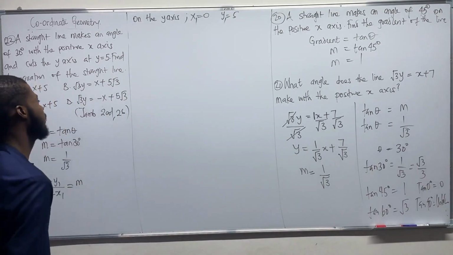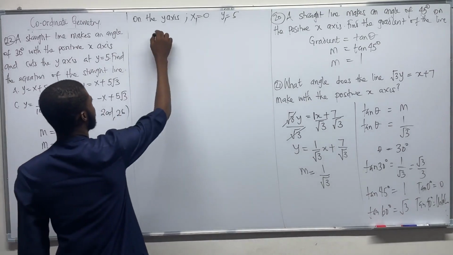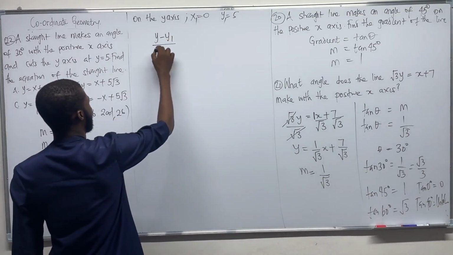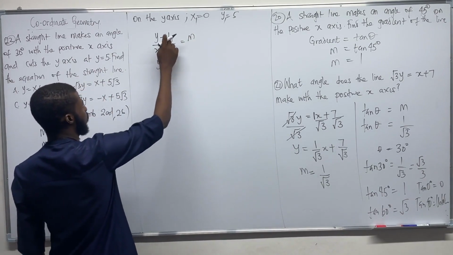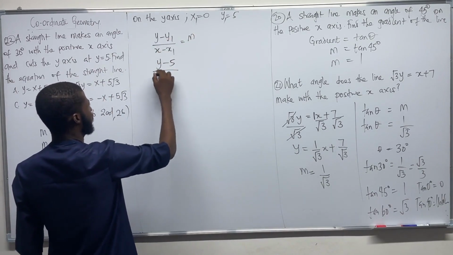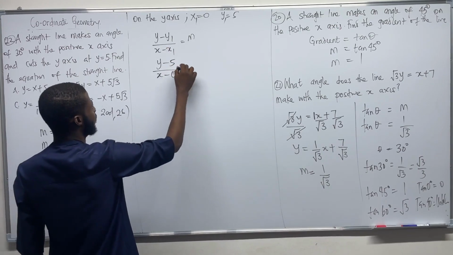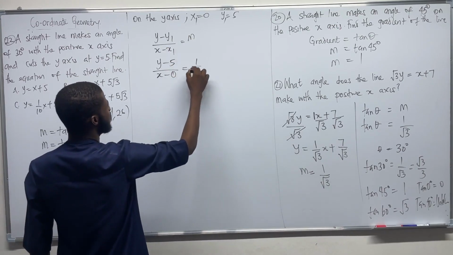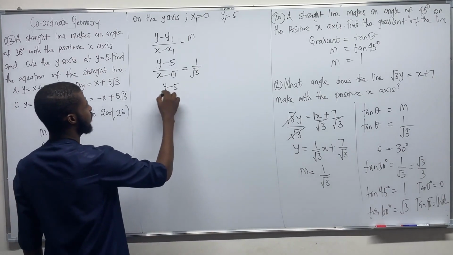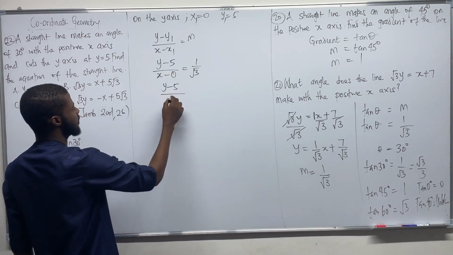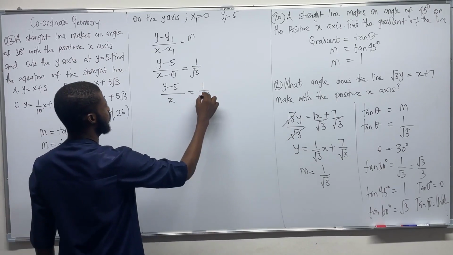So now let us use our equation, y minus y1 over x minus x1 equal to slope. So this is y minus 5 over x minus 0 is just x, and then our slope is 1 over root 3.